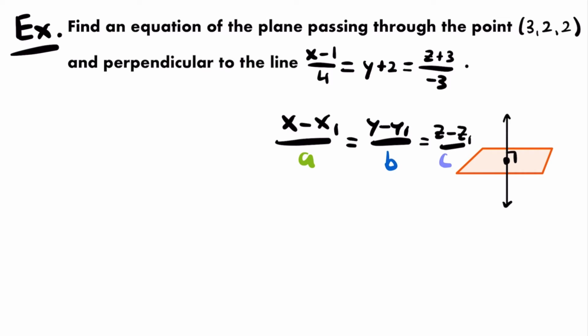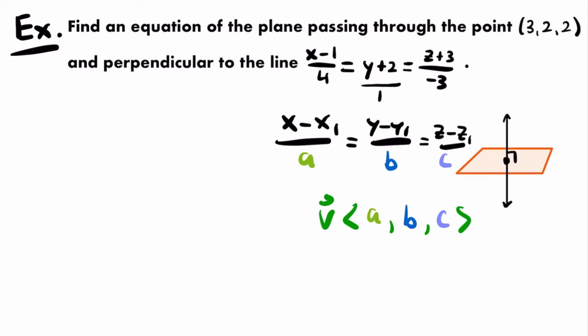So in this case, the direction vector for this line will have components of a, b, c, which are just the values in the denominator of each part of the symmetric equation. So if we look at our given symmetric equation, what is in the denominator of each part? Well, we have 4, and then for the middle one, you could rewrite it to be y plus 2 divided by 1, right?